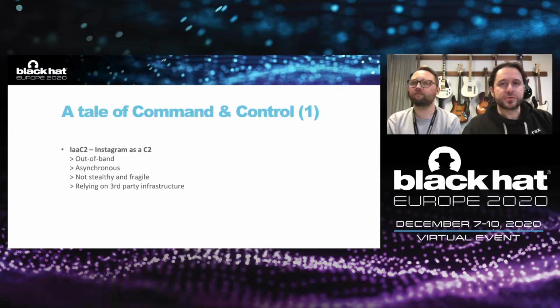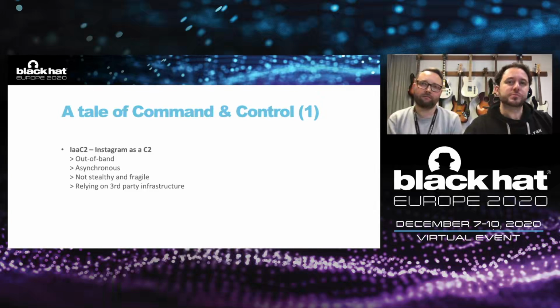Then our next goal was to replace the Instagram component, since it was not stealthy, and we wanted to avoid relying on a third party beyond our own control. In addition, we also wanted to create a synchronous C2. So we continued pursuing an in-band alternative of establishing an end-to-end communication between the agent and the command and control server.